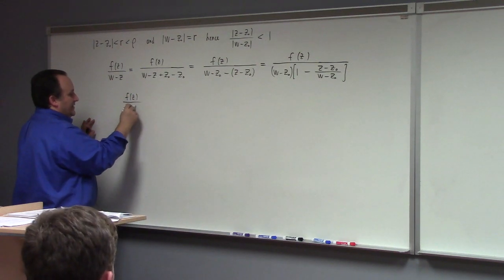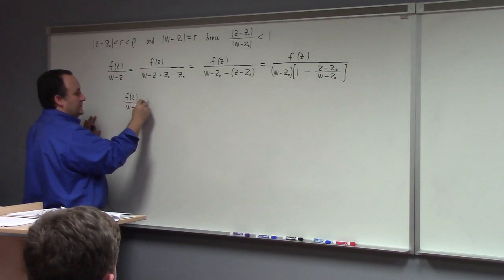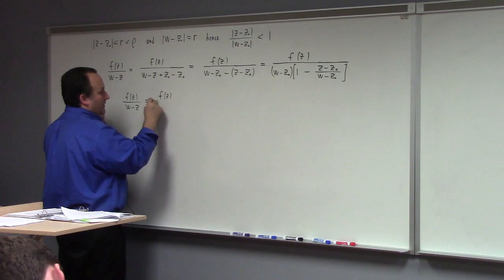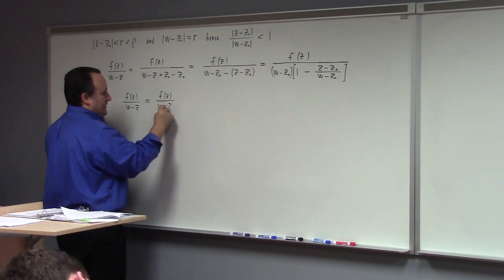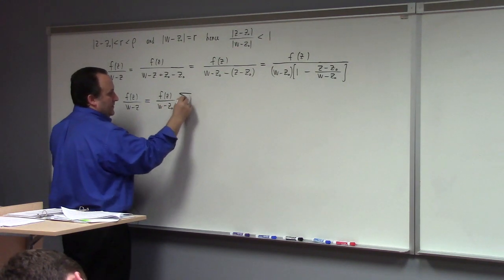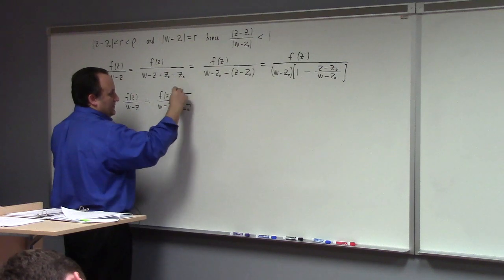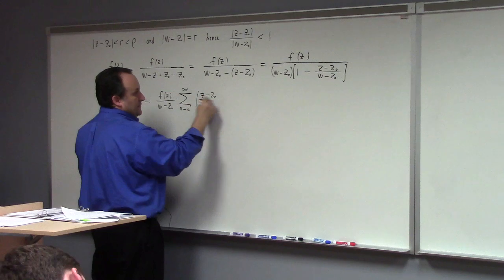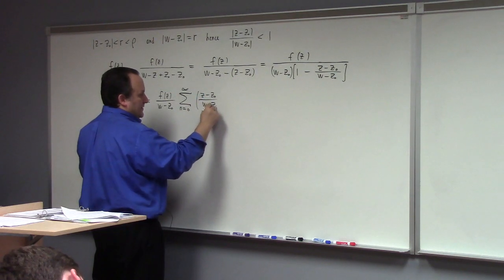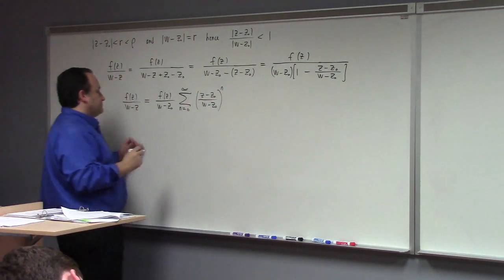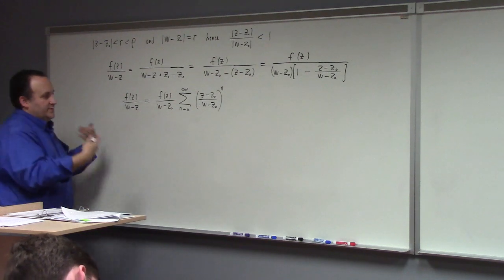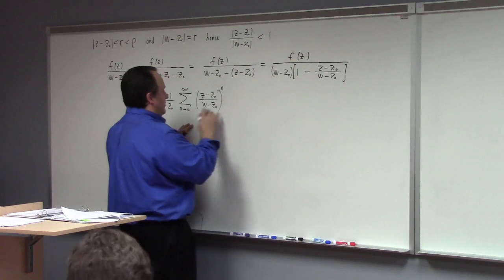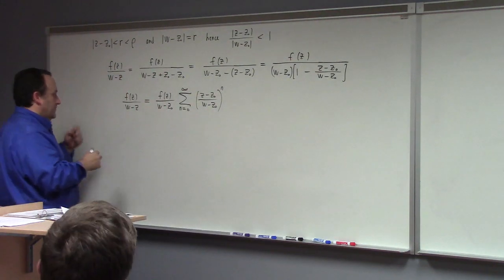f of z over w minus z is equal to, what's it equal to? Well, it's equal to f of z over w minus z naught times the sum, n equals 0 to infinity, of z minus z naught over w minus z naught to the power n. All right, which of course we could clean up a bit. I'll leave it like that for the moment though.